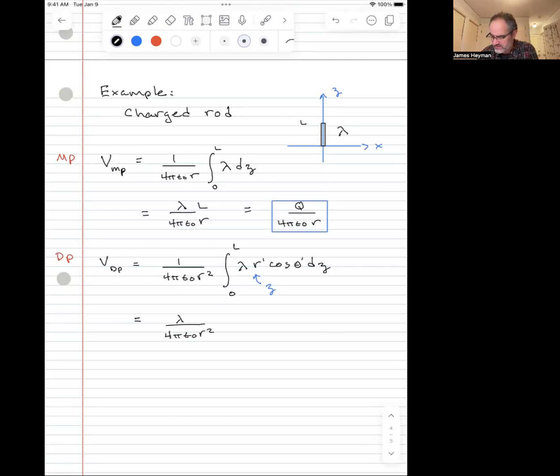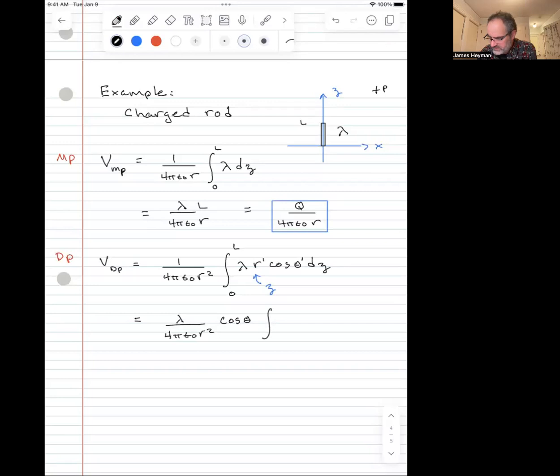Something else to notice. Cosine theta, the angle between r prime and r, okay, where r is the vector out to the field point, that remains constant as we integrate over our term. So we can take that out as well. Okay?